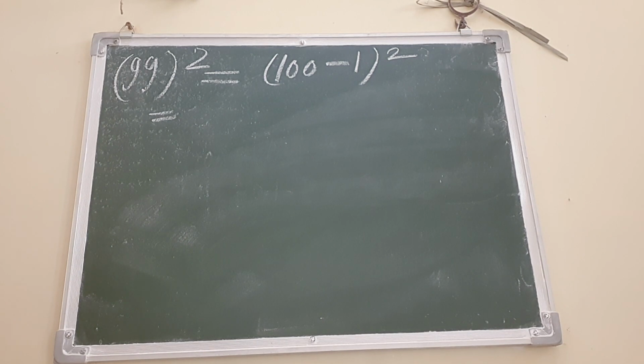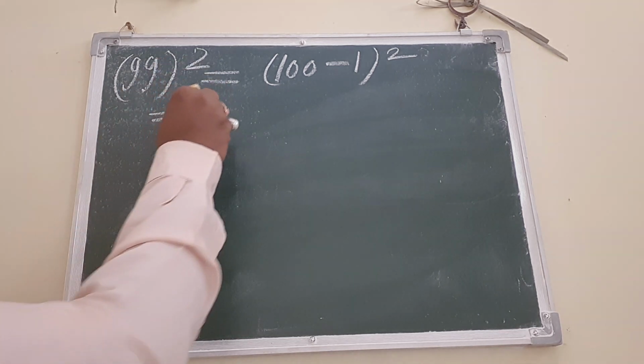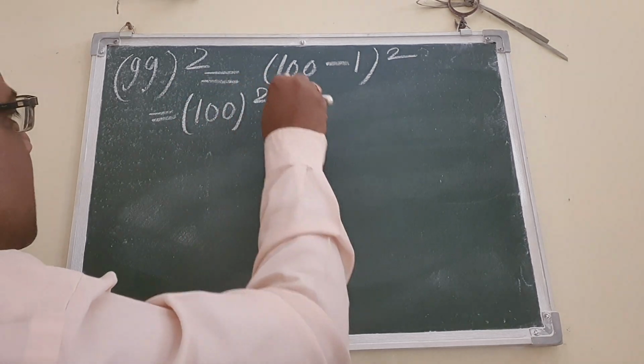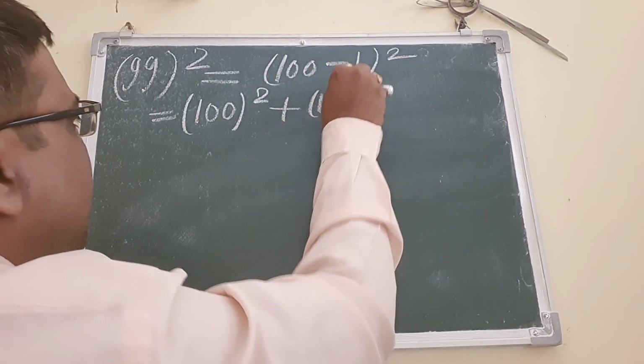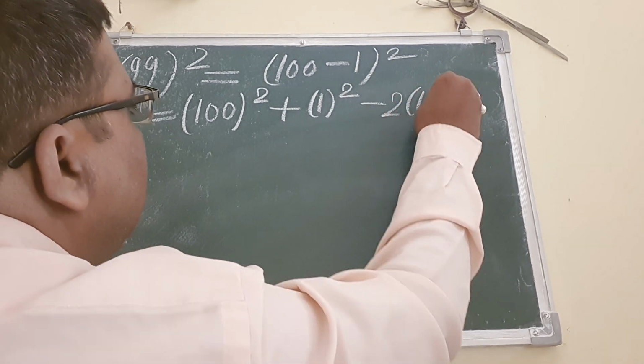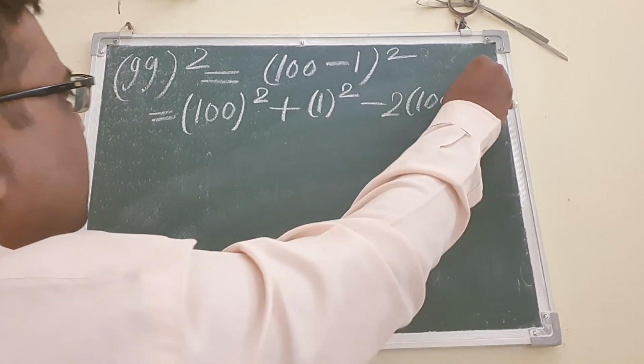So it becomes the identity of a minus b whole square, which is expanded to a square plus b square minus 2ab. So we can write it as 100 square plus 1 square minus 2 into 100 into 1.